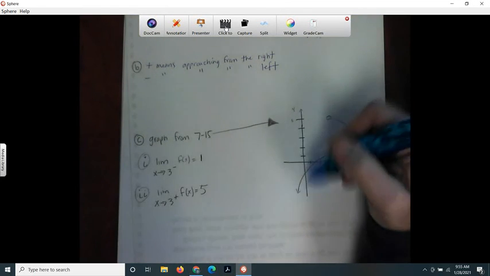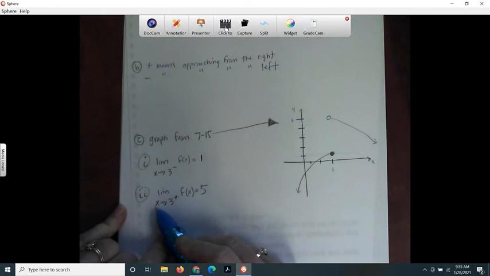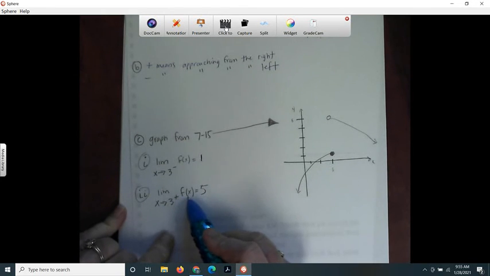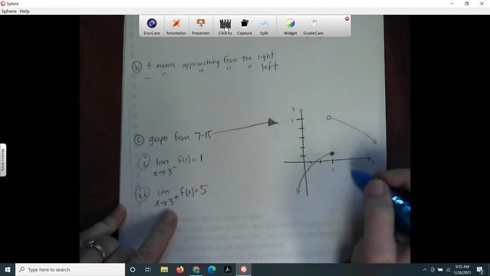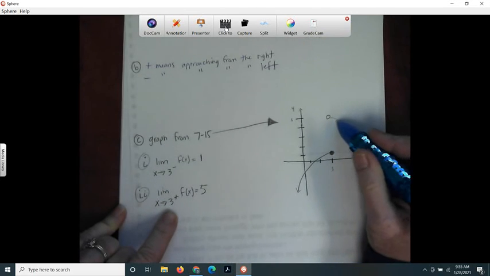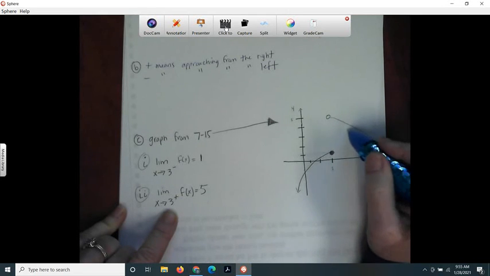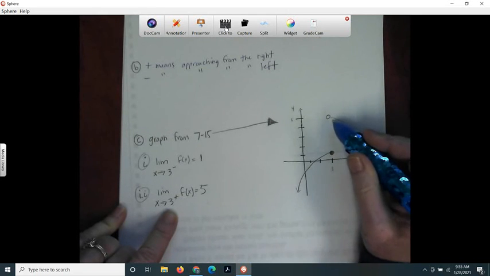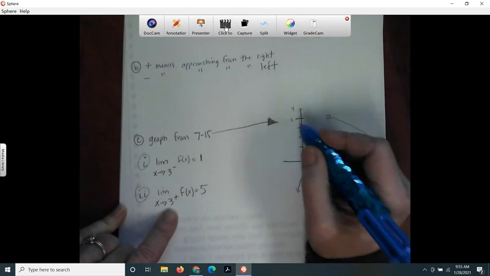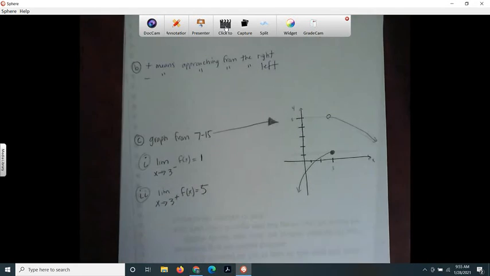So this wants the limit as x approaches 3 from the right. So x approaches 3 from the right has to be from over here. And so if I'm a little bug and I'm crawling towards 3 on the right of this function, my prediction is that I would end up at 5. So that's why I wrote 5 right there. And I think that's all they asked.